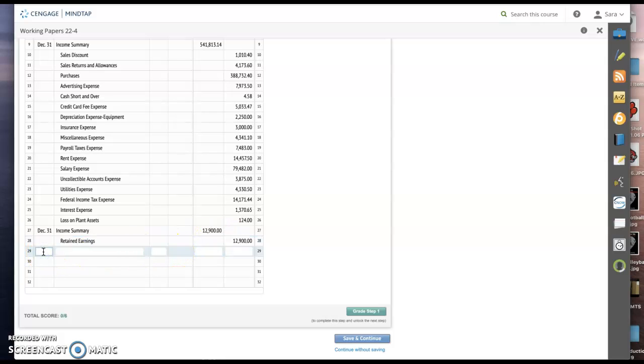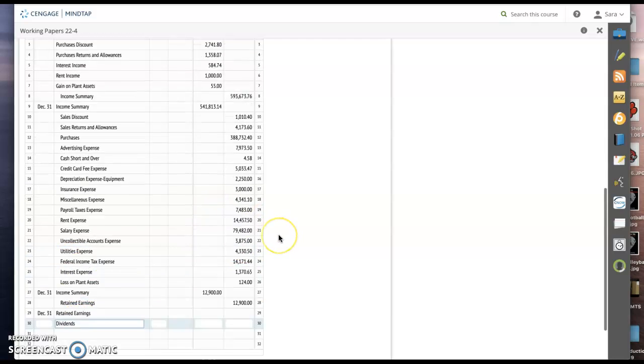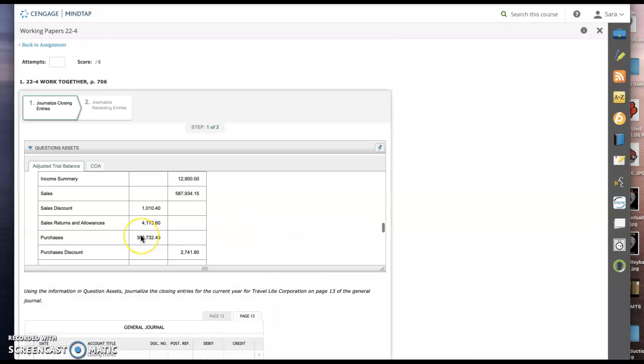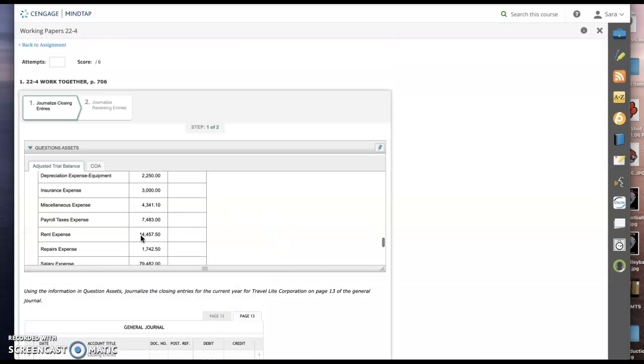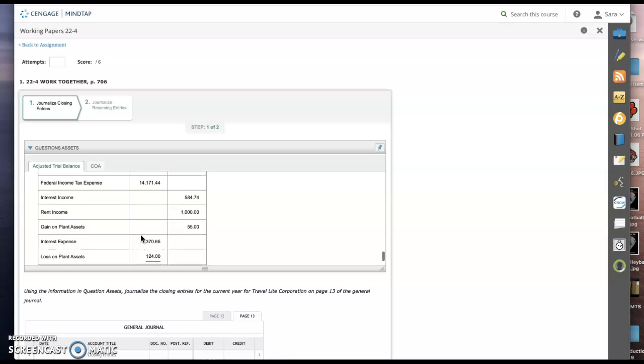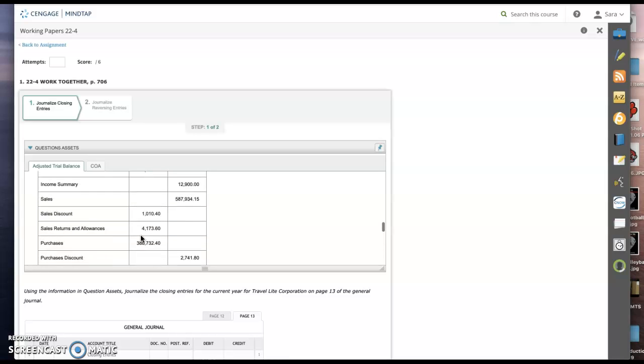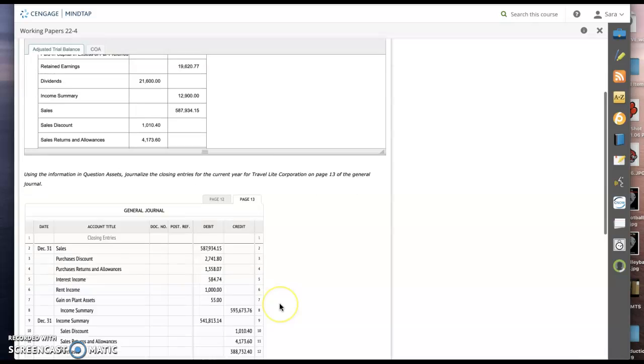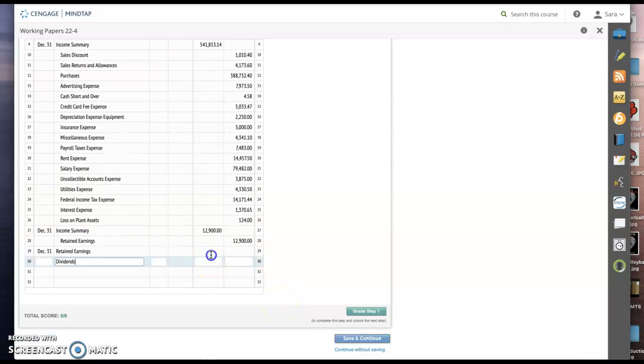And then, see, our last one is our closing entry for our dividends. So 21,600.